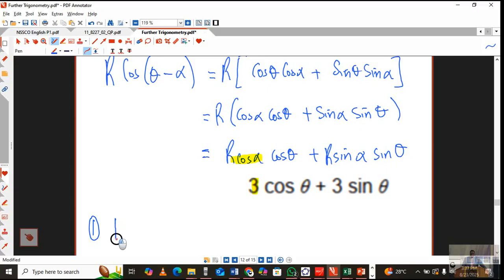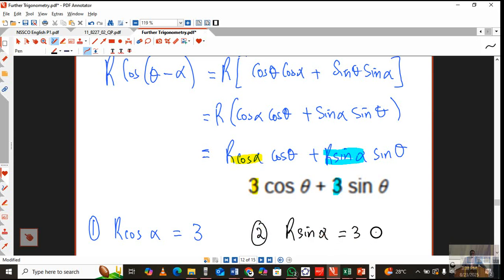The next one I'm going to look at is this coefficient here, the coefficient of sine theta, which is r sine alpha. I'm going to let that equal 3 as well, and that is going to be my second equation. So my second equation will be nothing but r sine alpha is equal to 3.